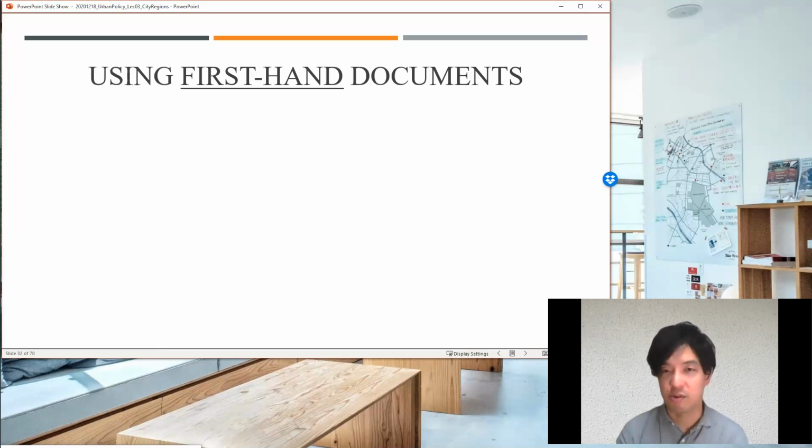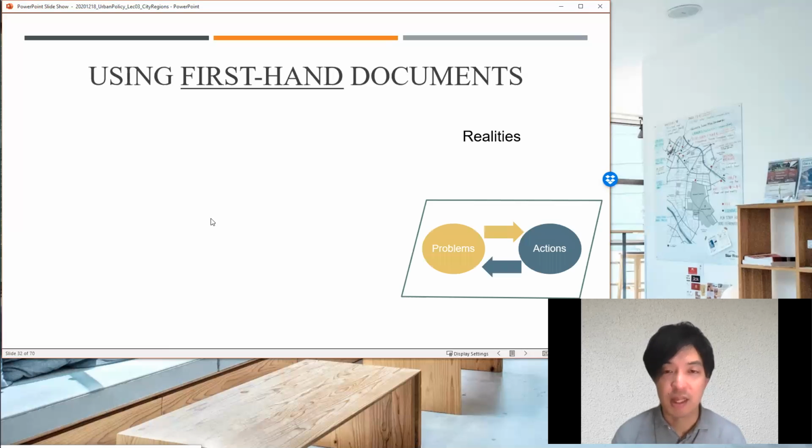So if you are interested in it, then you can try. Again, you are interested in realities, and this time let's suppose that you didn't have enough information in libraries and on websites. In such a case, you need to collect and analyze your own data by yourself.